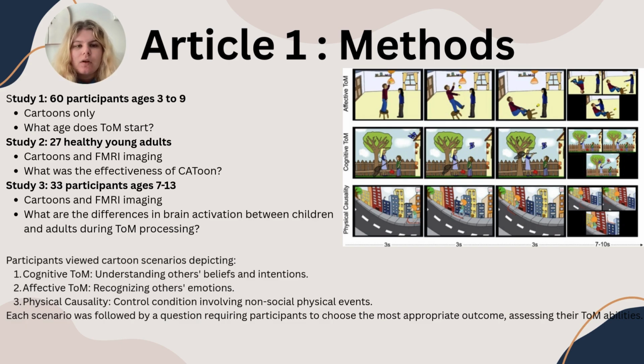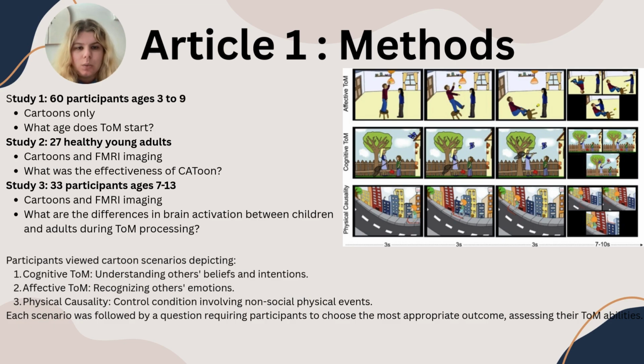For this one, they wanted to evaluate the differences in brain activation between children and adults during theory of mind processing. So the Katoon task had cognitive theory of mind, which was understanding others' beliefs and intentions. It also had affective theory of mind, recognizing others' emotions, and it also had physical causality, or the control condition, involving non-physical events.